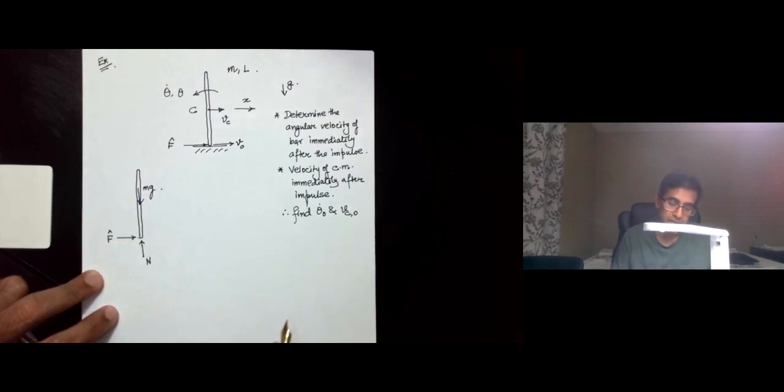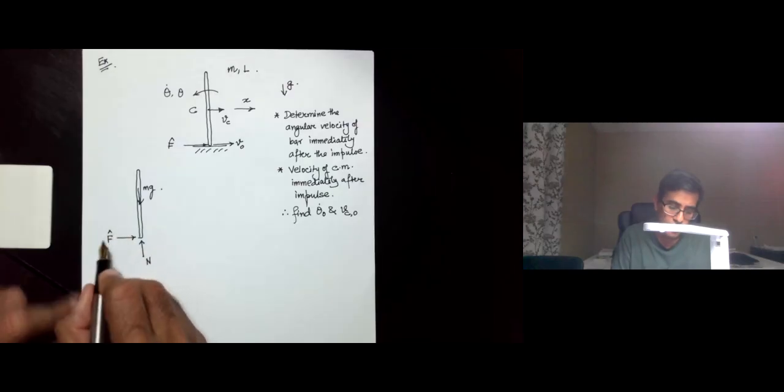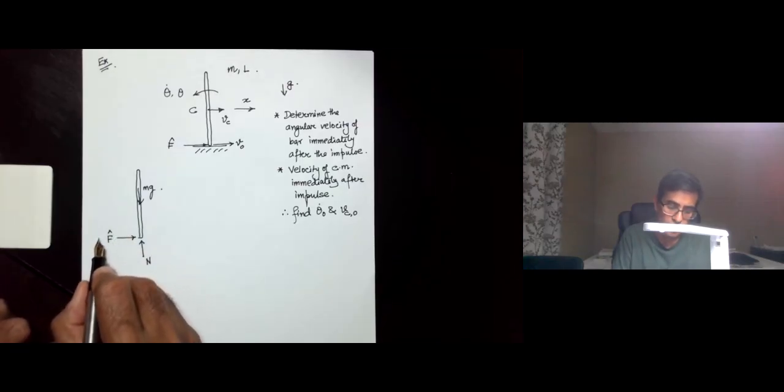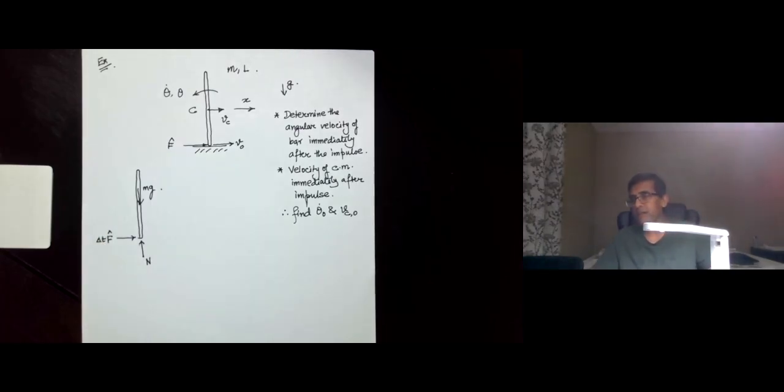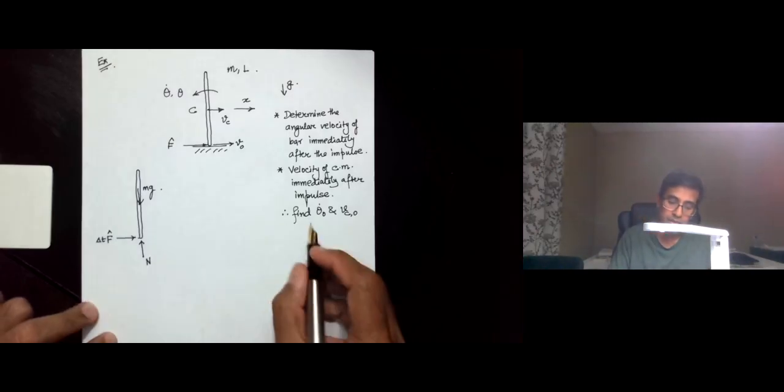So these are the three forces. Of course, F hat is not a force; F hat delta t is the force, and F hat is the impulse, where delta t is the infinitesimally small duration over which this impulse acts.